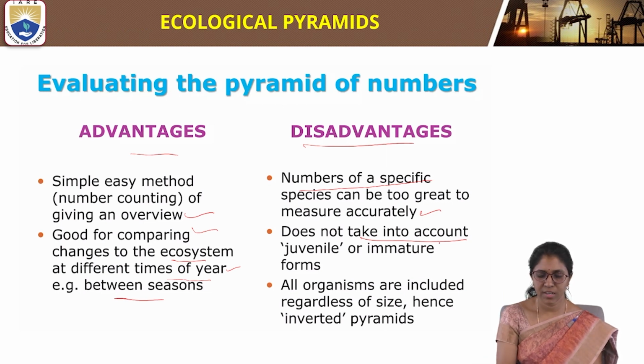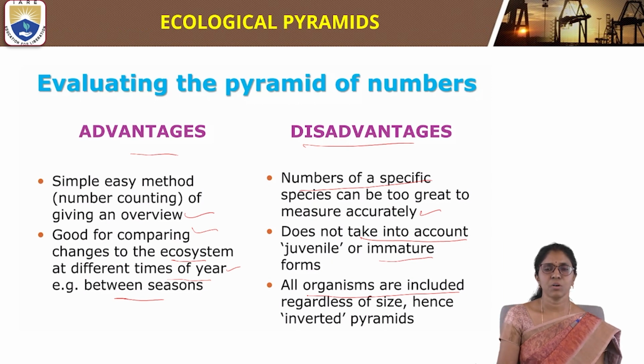Also, all organisms are included regardless of size, hence inverted pyramids occur. So these are the advantages and disadvantages of the pyramid of numbers.